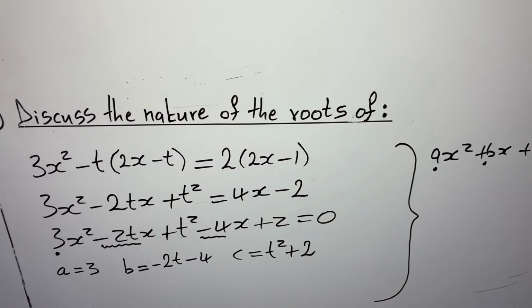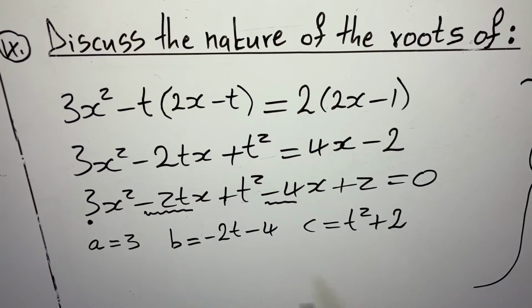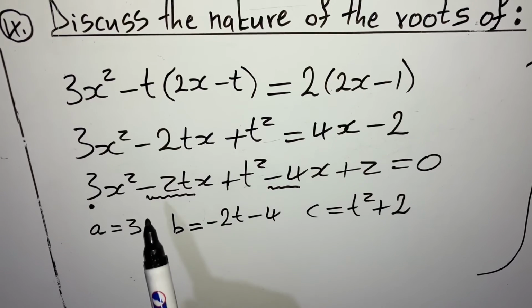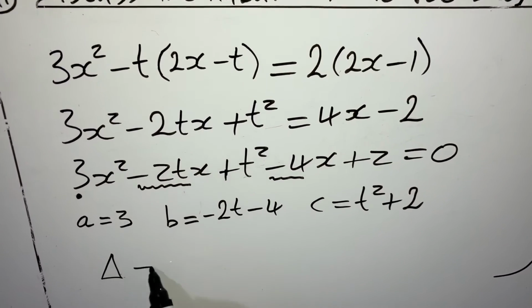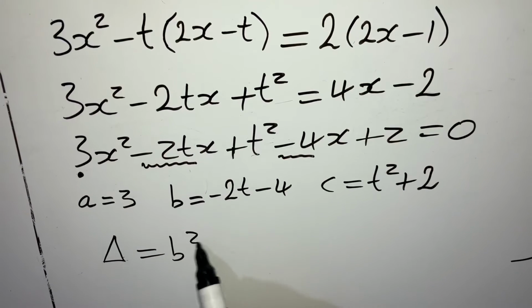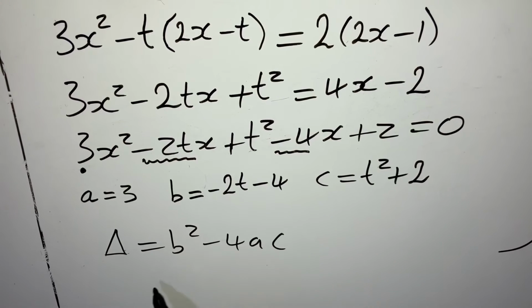So now, we can go to our formula. Since the instruction is to discuss the nature of a root, we can go to our formula, which is delta is b squared minus 4ac.